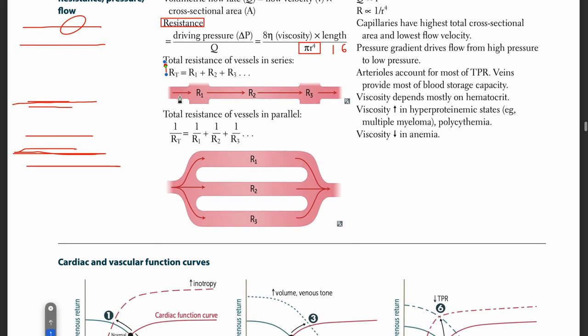So now whatever flow was going through this R1 is now split into 3, right? So now it's 1 over R1, 1 over R2, and 1 over R3. So that means what? Resistance is decreased, right? And this is what happens in capillaries and the reticular network of vessels, right?